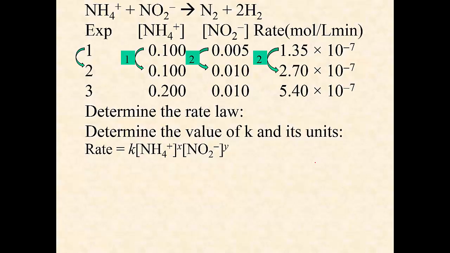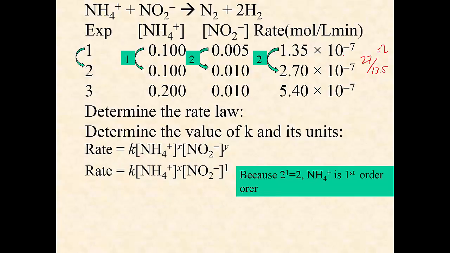Okay, now look at this in the math. Don't let these numbers freak you out. When I say I ignore numbers, what I see when I look at these numbers, I see 27 and I go, what is 27 divided by 13.5? That's 2. Don't worry about all these numbers. Mental math, when you can do these in multiple choice, simplify it. So since it doubled, that tells me that the nitrite is first order.